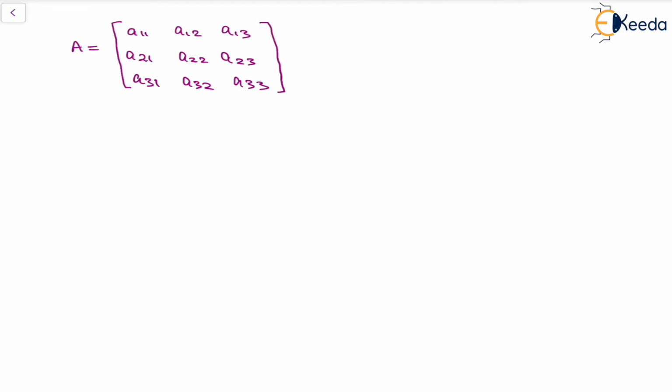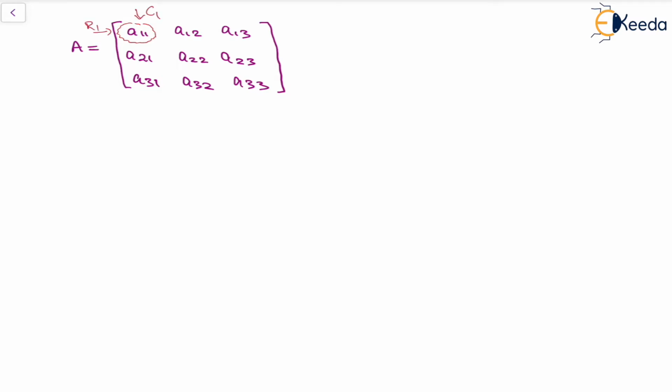So if I say there's a matrix A of third order, and for a matrix A we can take the elements in terms of small a, let's say A11, A12, A13, A21, A22, A23, A31, A32 and A33. So if you want to find the minor of this element A11, you can see that this lies in row 1 and in column 1.